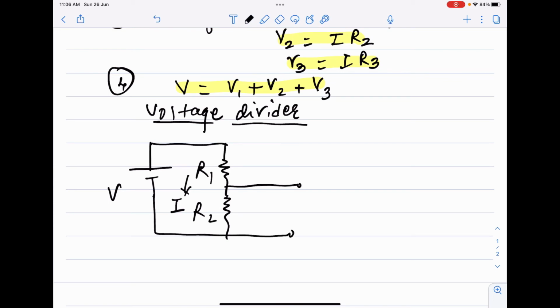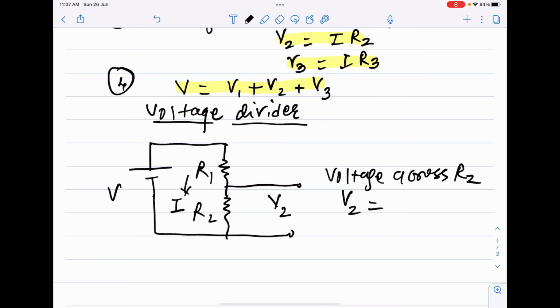Now we can calculate the voltage drop across the resistance R2. The voltage across R2 can be given as V2 equals current multiplied by the value of the resistance R2.